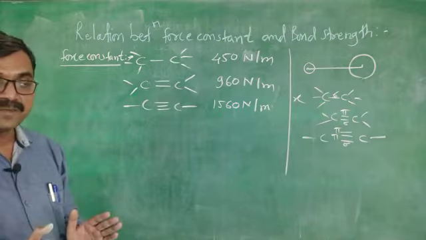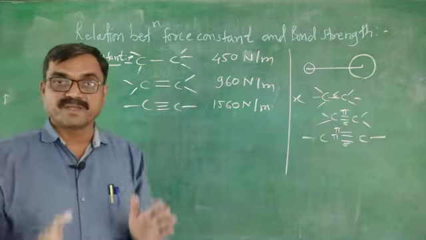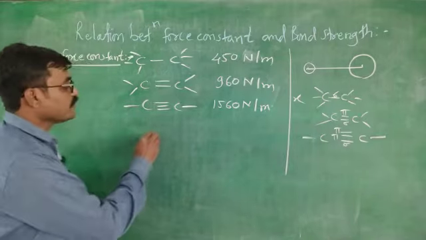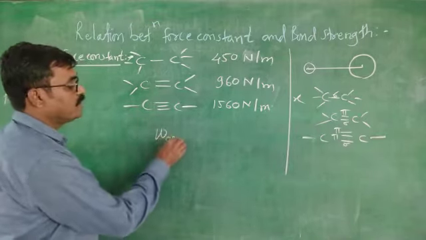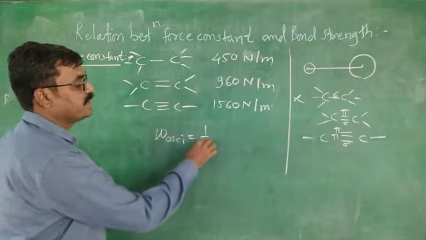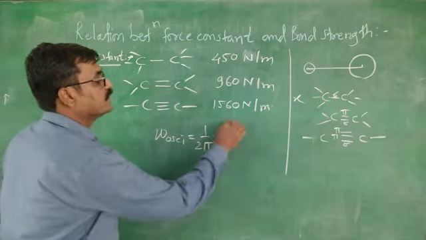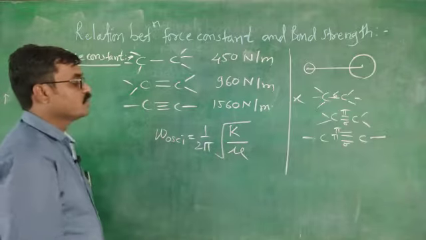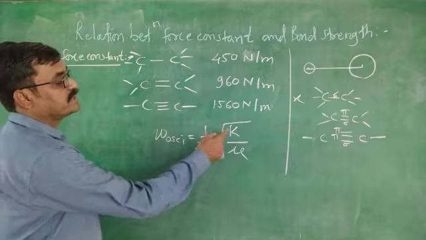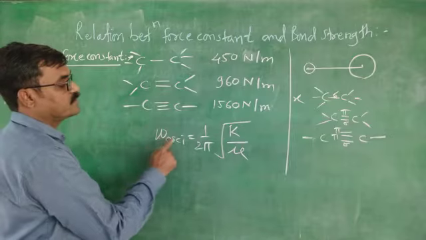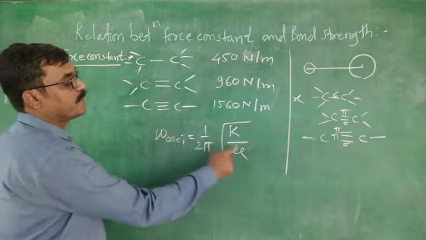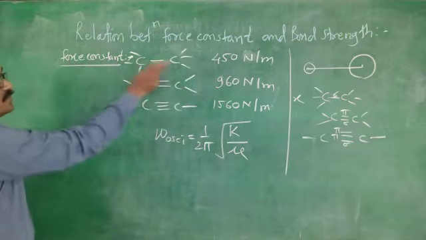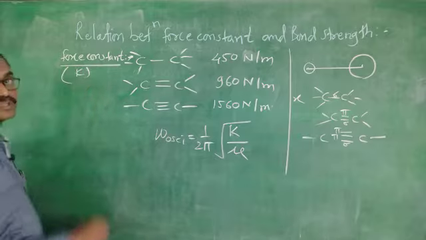Now previously we came to know the relationship between frequency and restoring force. You know that if omega is the frequency of oscillation, then the relationship between it, the force constant and the reduced mass is: frequency of oscillation equals 1 upon 2 pi times the square root of k upon mu, where k is the force constant.